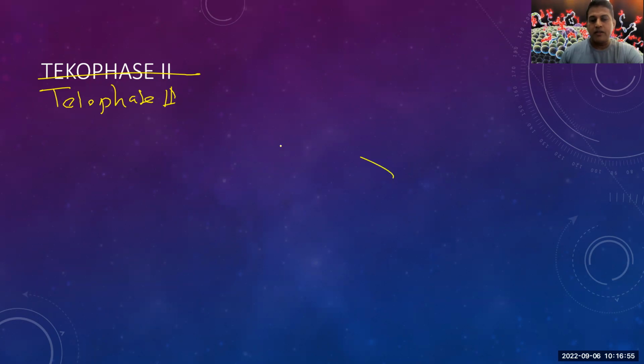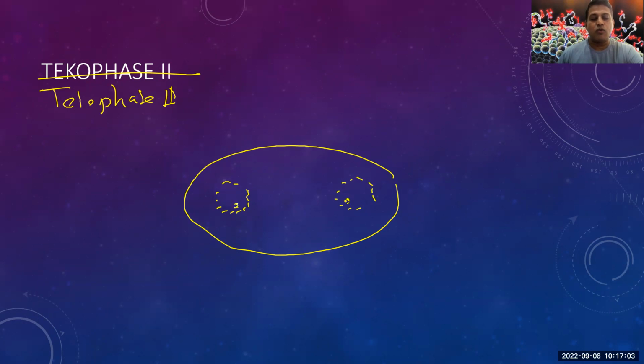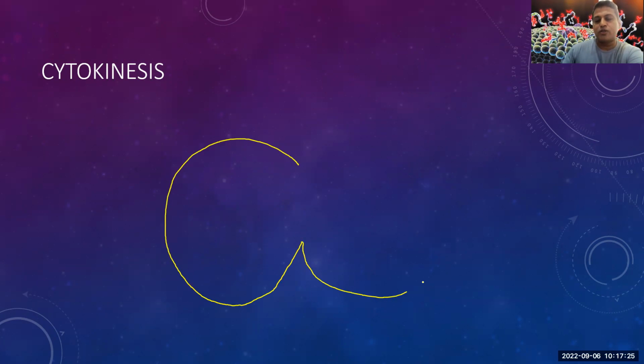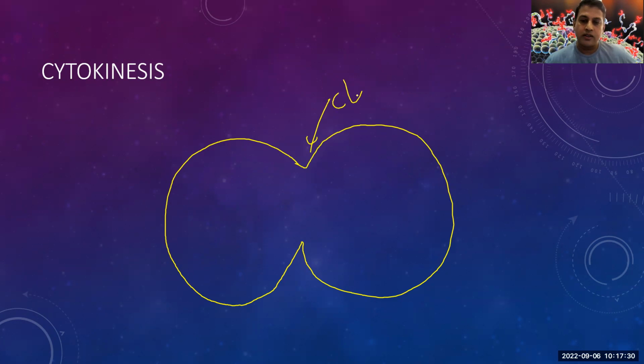So in telophase 2 again, a nuclear envelope is formed, the nucleolus is formed, chromosomes are not visible, and the spindle becomes shorter and is not visible. Last, for cytokinesis in mitosis and meiosis, in animal cells the cell starts to divide into two, like this, and this is called the cleavage furrow.